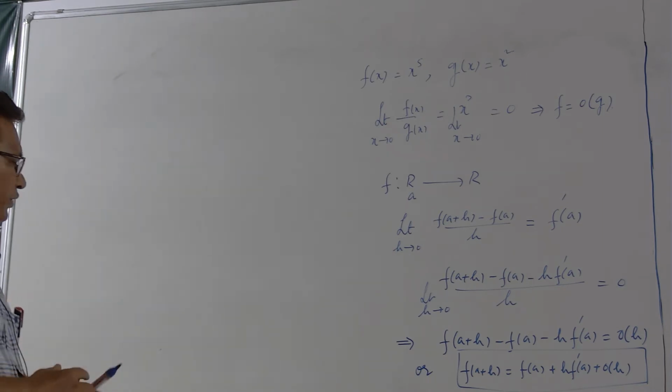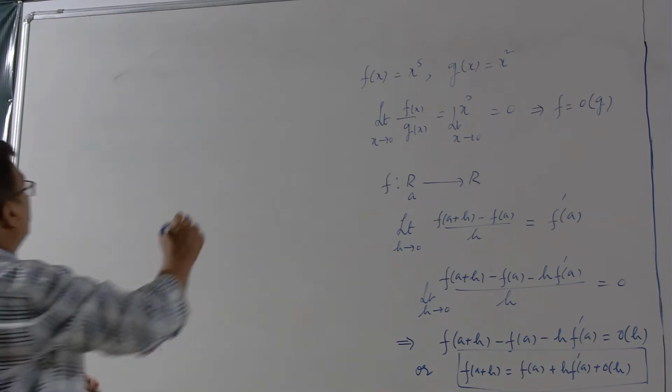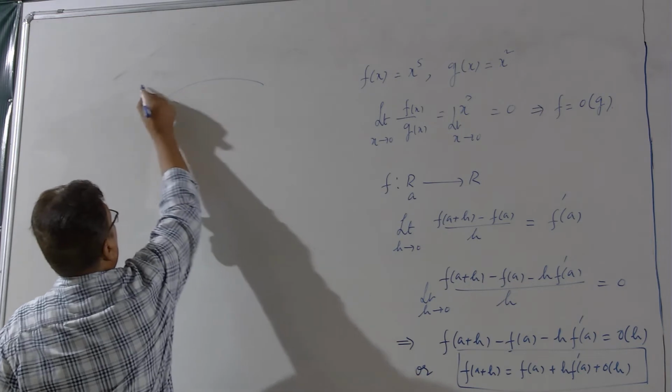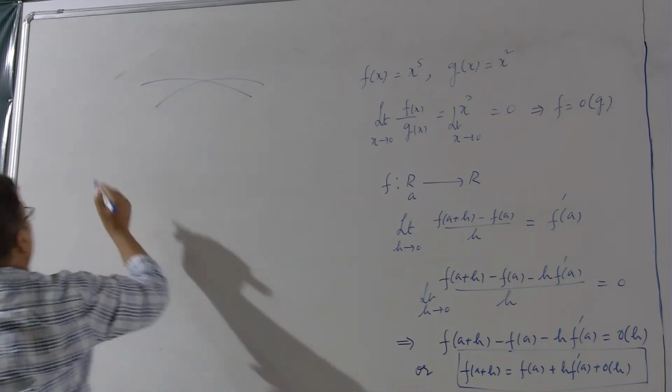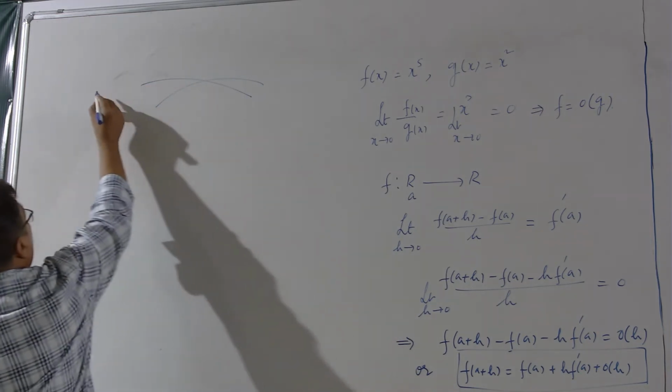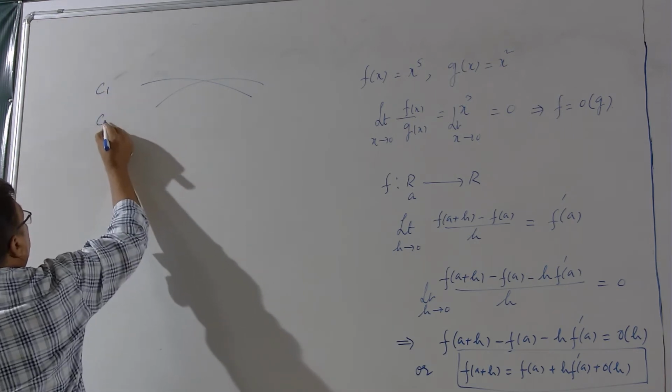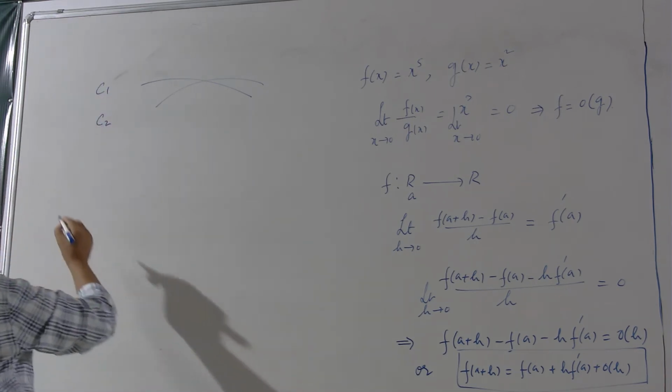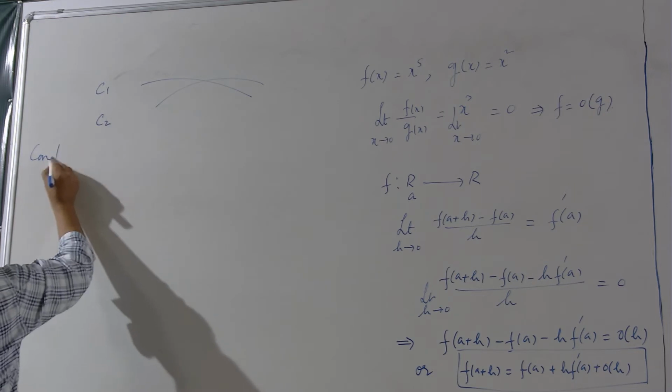In fact, I am going to work out the equation of the tangent line also, but to do that, first of all we need to understand the idea of contact between two curves. So, suppose I have got two curves C1 and C2. Contact between two curves.